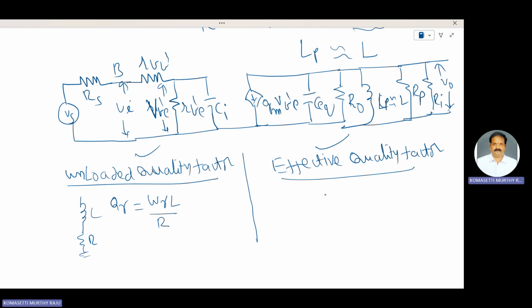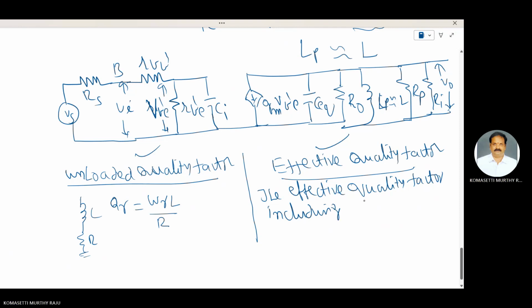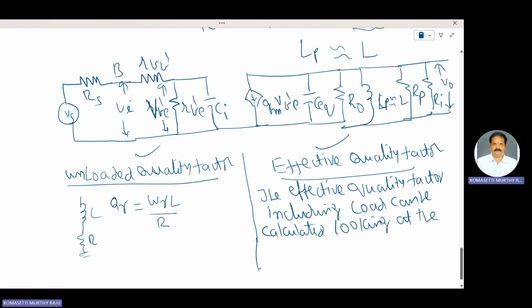Effective quality factor including load can be calculated looking at the simplified equivalent output circuit for single tuned amplifier.